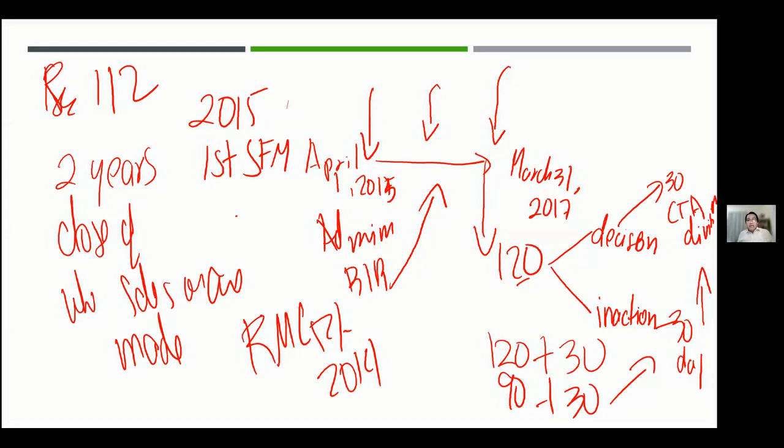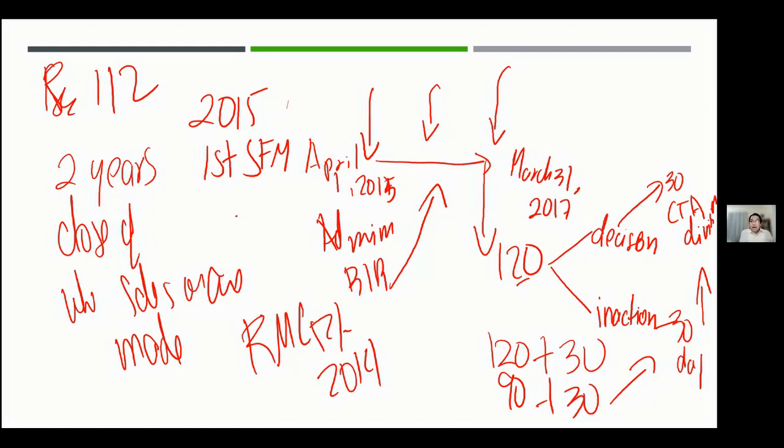Sa amendment ng Republic Act 10963, wala nang nakalagay na upon the expiration of the 90-day period, you have 30 days to appeal. Ang nakalagay doon, kapag hindi na nakapag-desisyon ng BIR sa loob ng 90 days, may disciplinary action ang BIR officer.